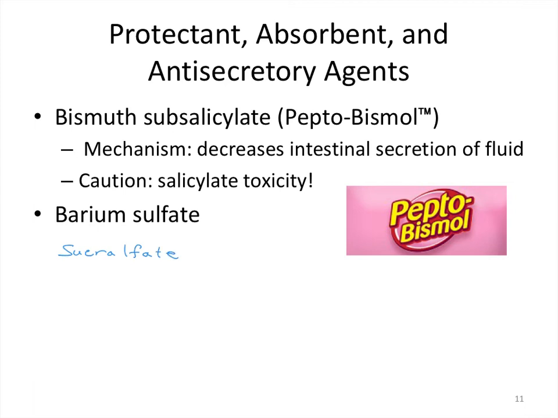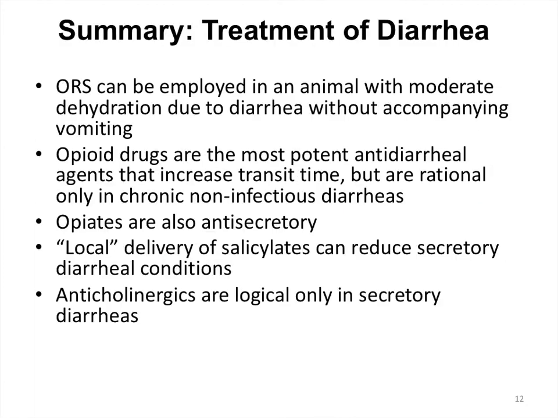Sucralfate basically tends to bind to damaged tissue, ulcerated tissue, and it also has a tendency to allow healing to occur, to reestablish proper production of prostaglandins and reduce acid secretion that might be damaging the tissue. We'll talk more about that in a subsequent GI drug presentation.